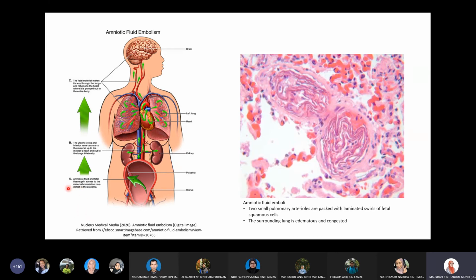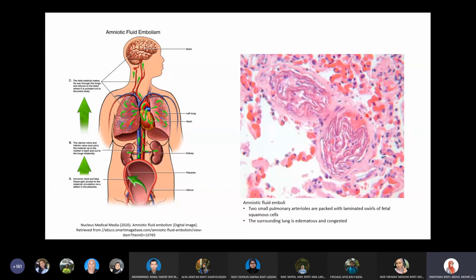So it goes into the mother's circulation, to the heart, to the lung, and even to the brain. So that's why patients have pulmonary and also neurological manifestations.